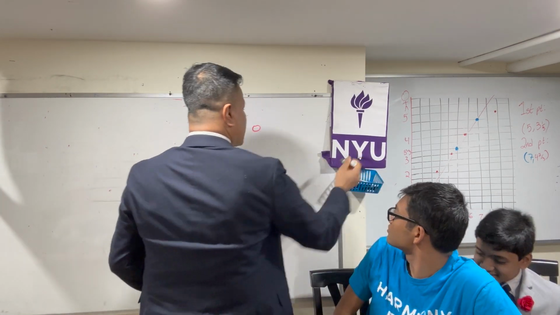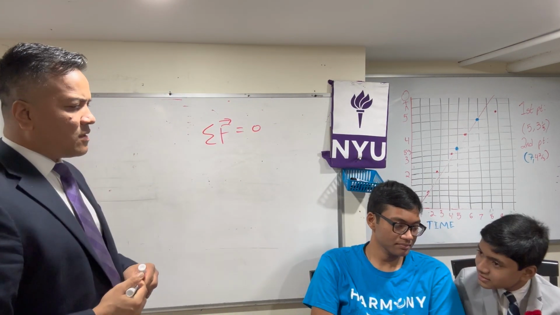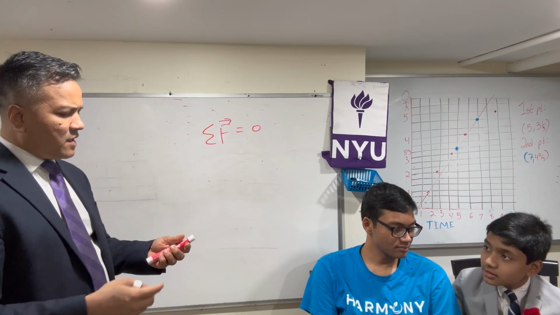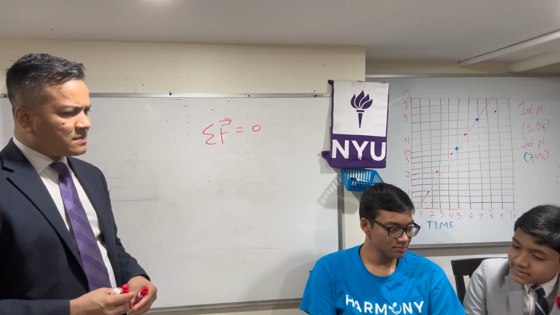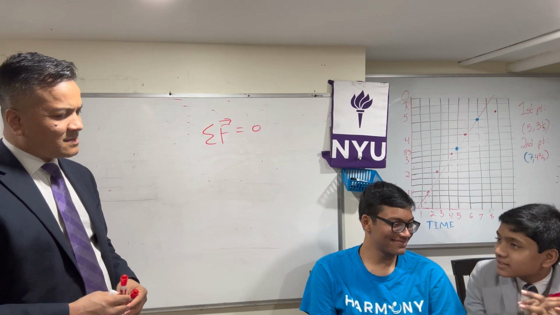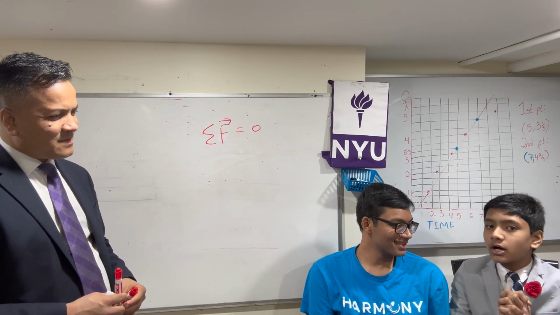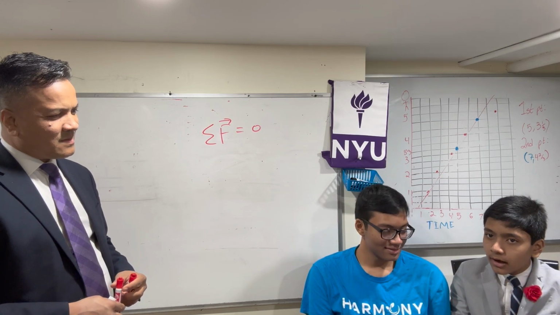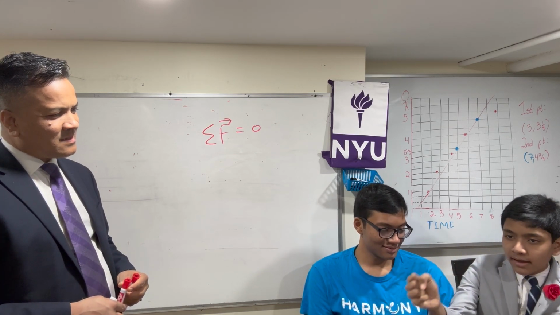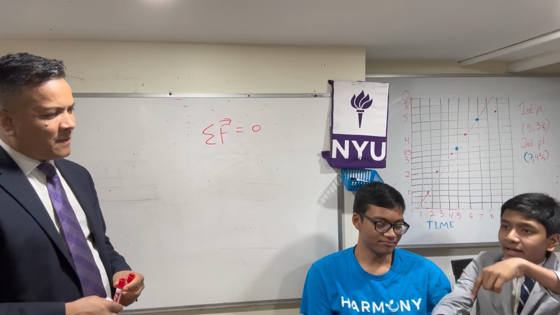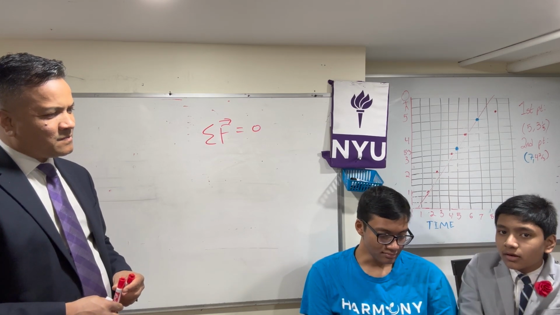Isaac, can you tell me Newton's first law? What Newton's first law basically says is that sigma F is equal to 0, which means that the total net force on an object is equal to 0. In other words, that object might not have anything acting on it at all. It might have one force that's canceled out by another force.